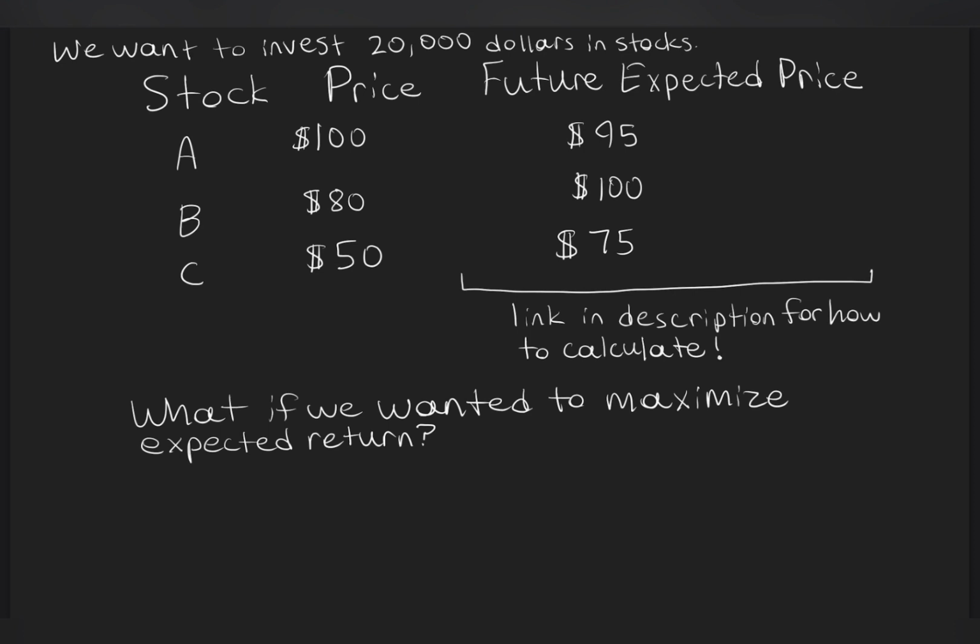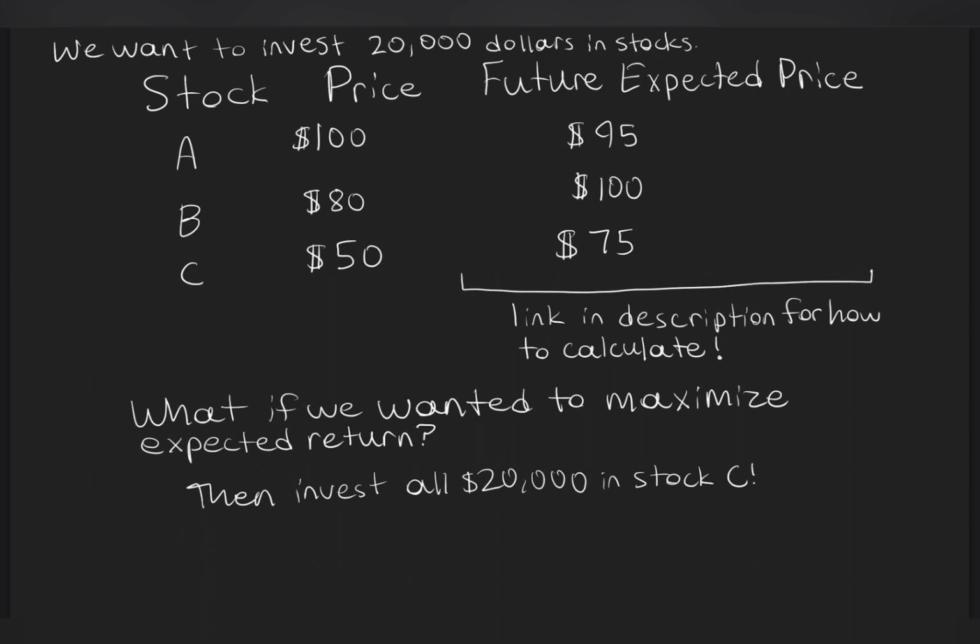What if we wanted to maximize our expected return? Well, this would be simple. If we wanted to maximize our expected return, we would just invest all our $20,000 in stock C because we'd get $25 for every stock we buy. And that would be pretty good. But of course, stock C might be really risky, and because it's risky, it might also go down.